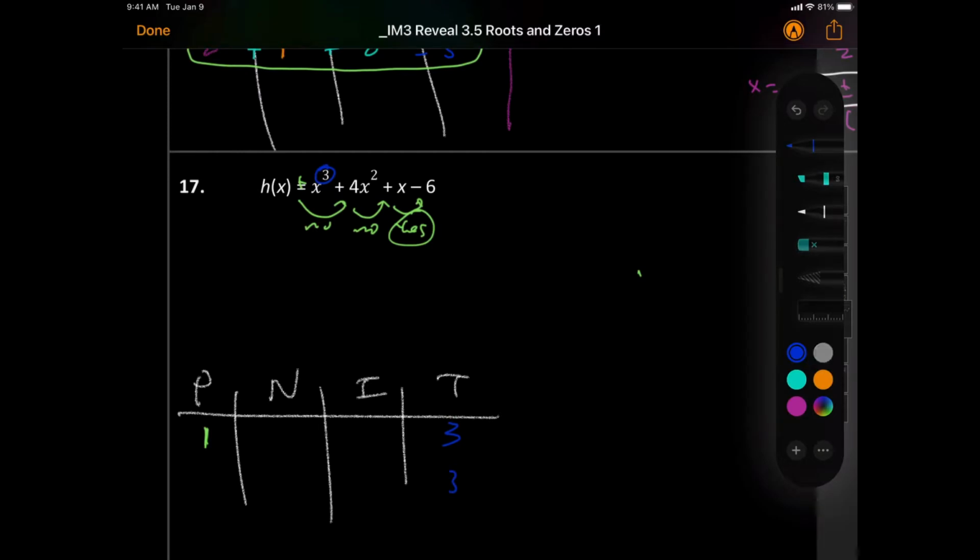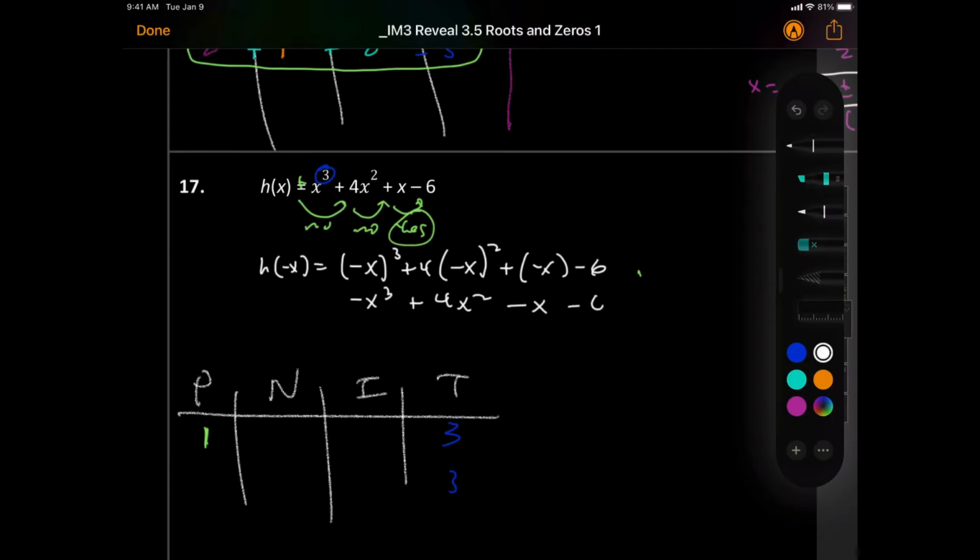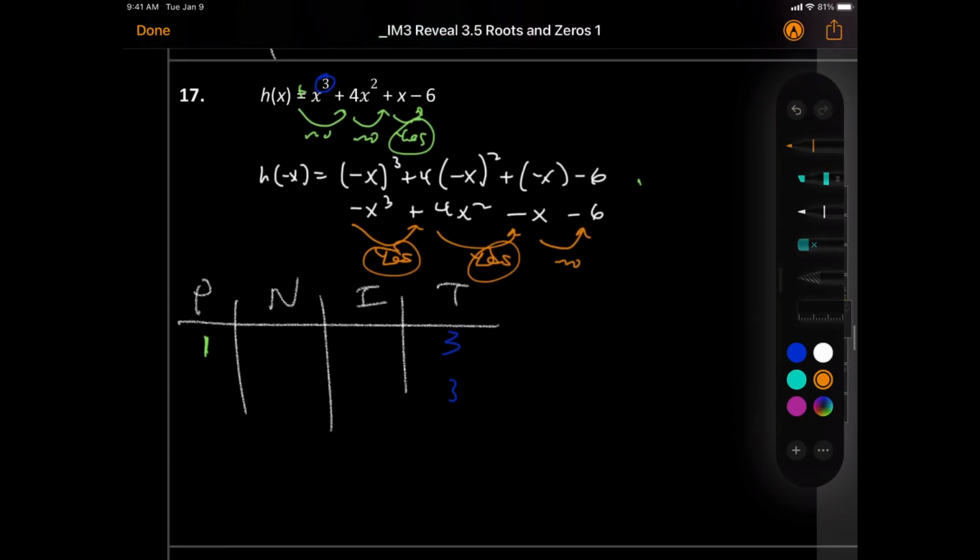All right, let's check the negatives. So negative x for every x value. Let's go ahead and just simplify this. And then count. Yes, yes, no. So that would be 2 or 0.